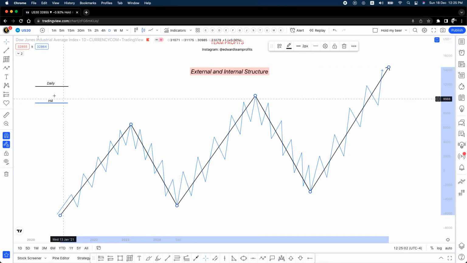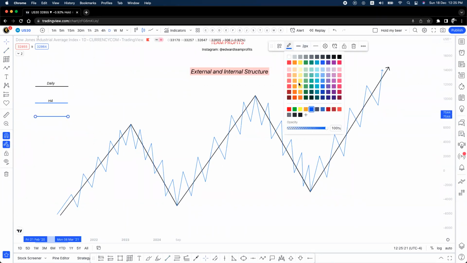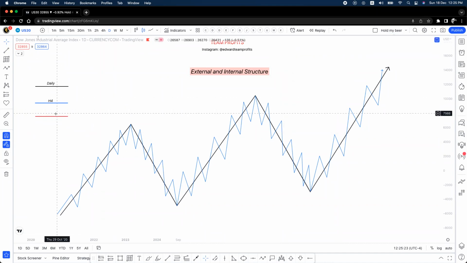Now, when you start zooming in, when you go into smaller time frames, you're going to see the actual noise. So H4. Now, let's say you go to a smaller time frame than that. Let's say you go on H1. Let's make it red.